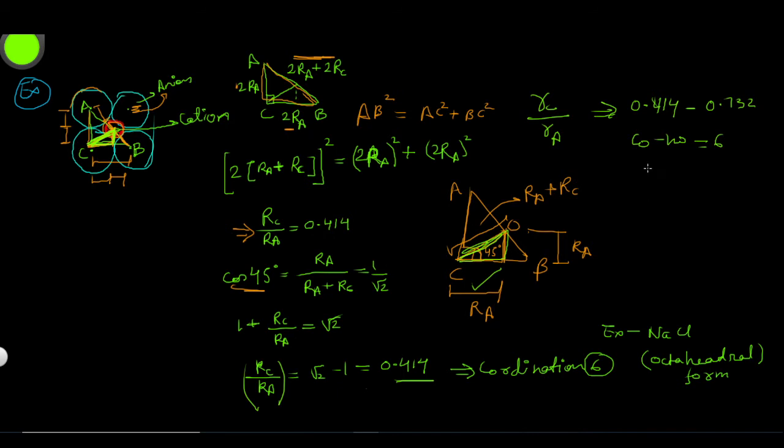And an example of this type of coordination number is NaCl, and it is having octahedral structure. Okay, so it is clear.